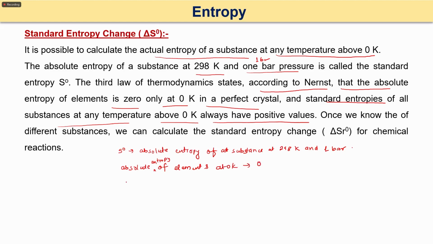But if you are taking the absolute entropy of any substance above 0 Kelvin, then it will always have a positive value. That means that S naught, that is standard absolute entropy, will always be greater than 0. Okay.